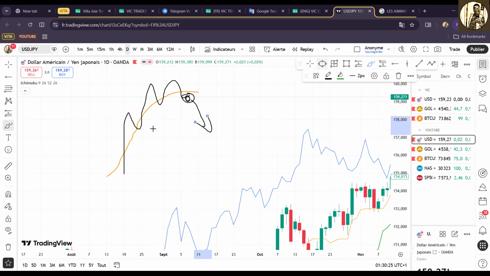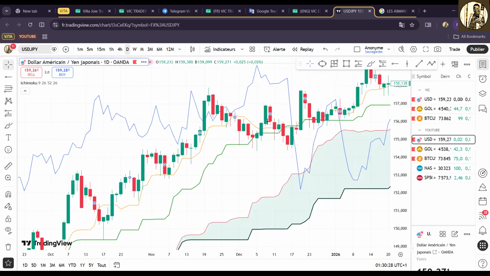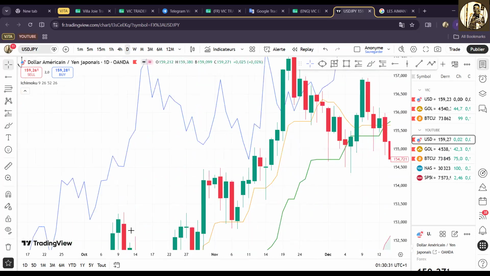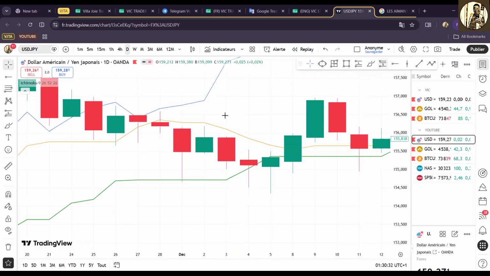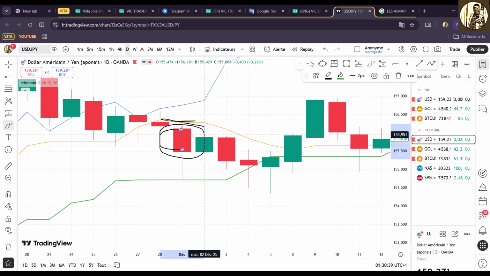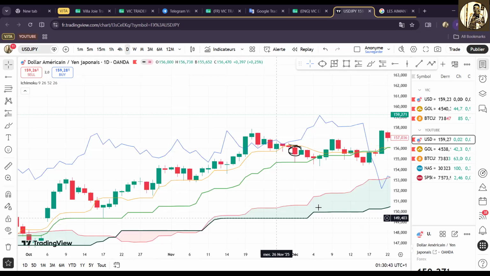That's what happened here, right? Tenkan is above and the candle is just there inside. And we go down, brother. And we go down.